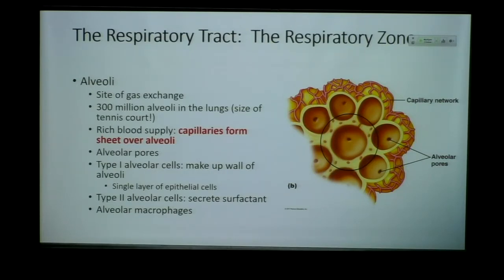We also see a rich, dense network of capillaries that kind of overlays the alveoli and the alveolar sacs, and that is also contributing to diffusion, that rich, dense network of capillaries, as well as the fact that we have so many alveoli, right? Lots of branching, lots of alveolar sacs, lots of alveoli, and this just enhances the amount of diffusion that we can get. We also see pores in between these alveoli.